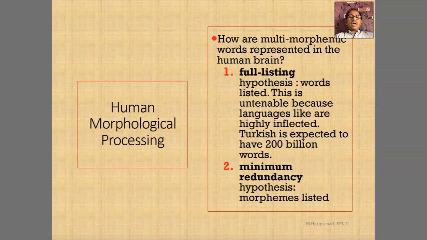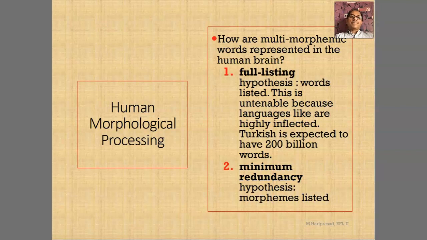Now, when we are developing a morphological parser, what is the model we are going to follow? One model which helps us is human morphological processing. When we try to understand how humans process morphology, then we may be able to develop a morphological parser for computers or for the systems which we are going to use, right?